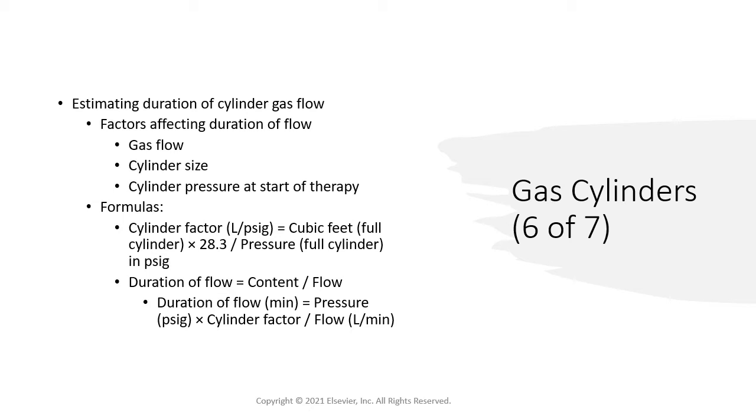Again, duration of flow in minutes, how many minutes the tank will last, is equal to the pressure in the tank in psig times the cylinder factor divided by the flow being used by the patient in liters per minute.